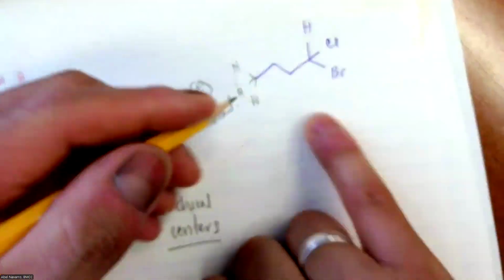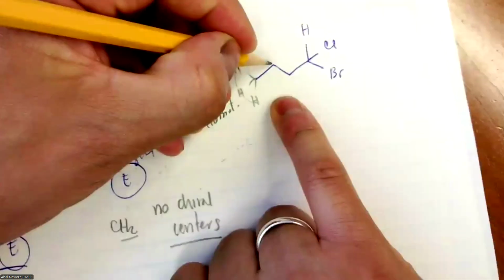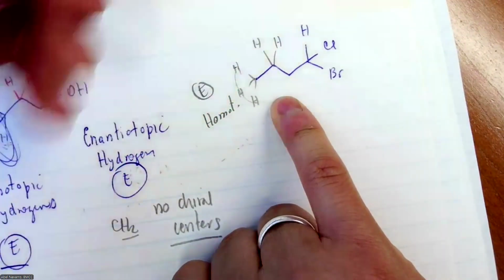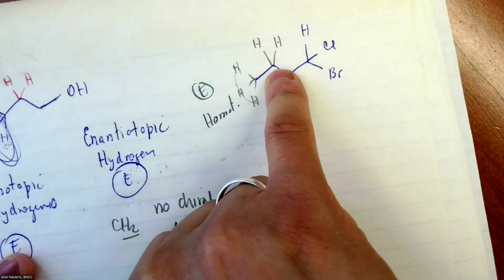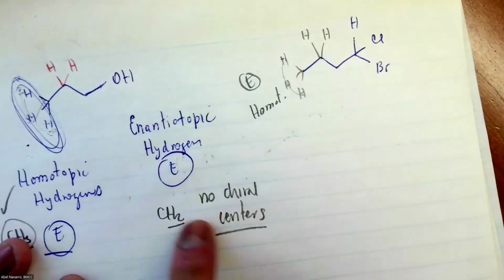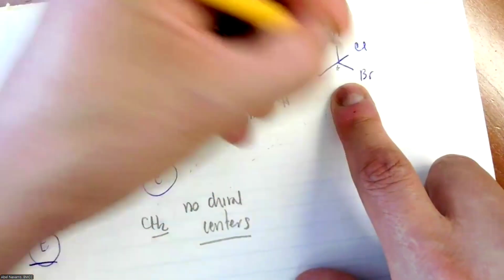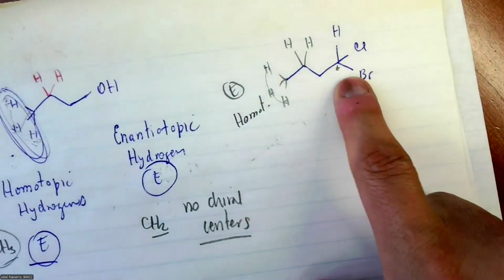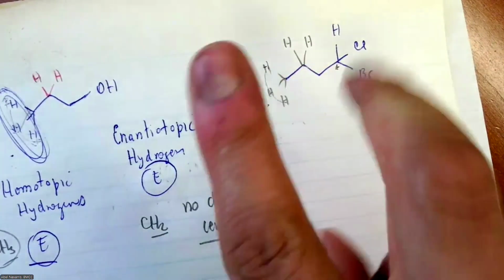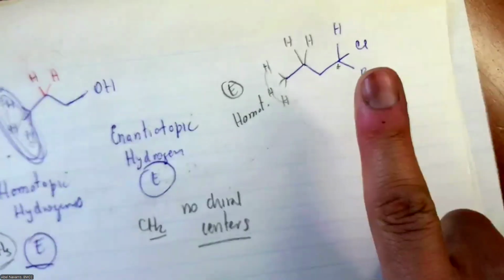Okay, now what happened with the CH2? Now this is an issue. That CH2 has a problem, because these guys were enantiotopic if there was no chiral center. But now this molecule has a chiral center. Since this molecule has a chiral center, now the CH2s are not equivalent.